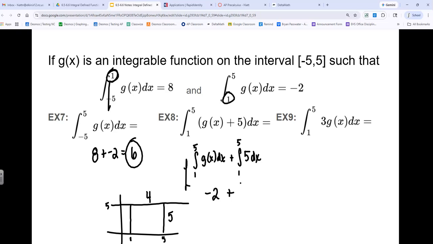So we're going to get 5 times, I'm going to write it out like this, 5 times 5 minus 1 is where that's coming from. So it's this constant times the width of the interval. But of course that just gives you 20. So we'll get 18 for that one.